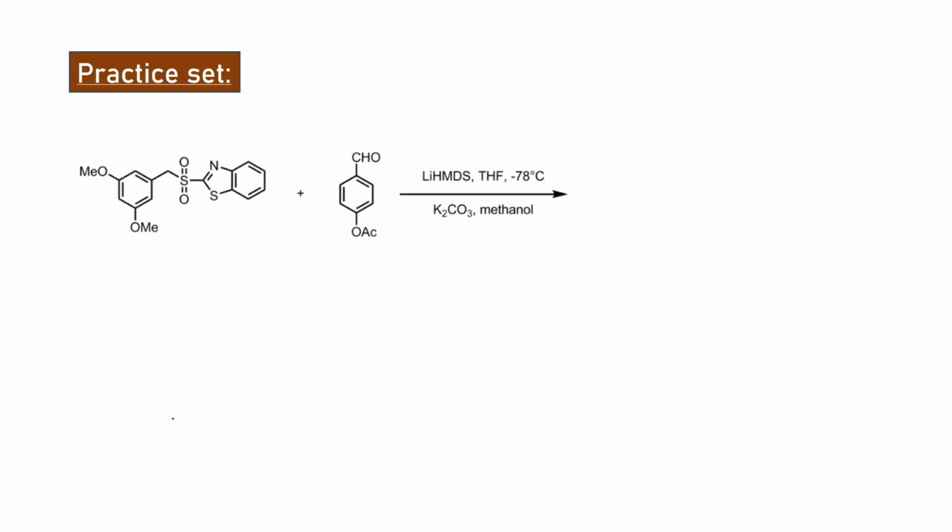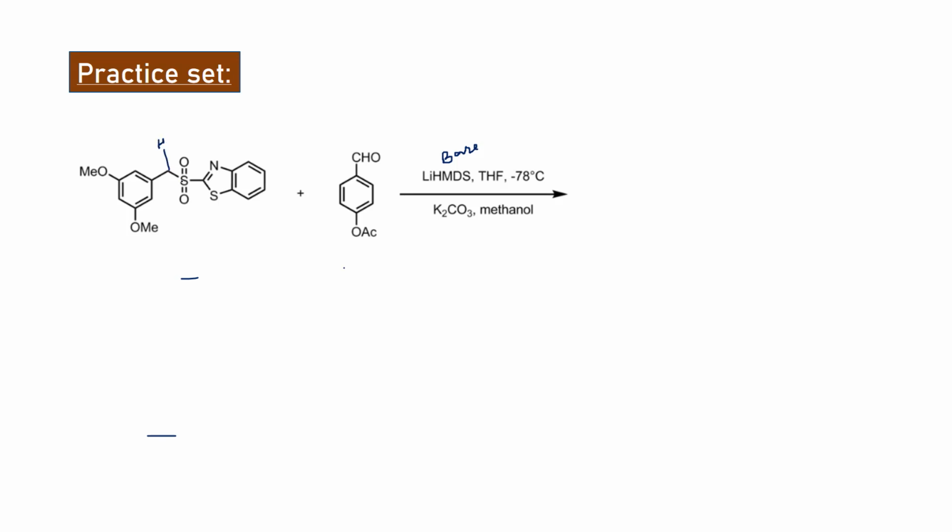So they have given this substrate along with the aldehyde and they added LiHMDS. This is a base. Now what will happen? There is a proton. This proton is highly acidic.